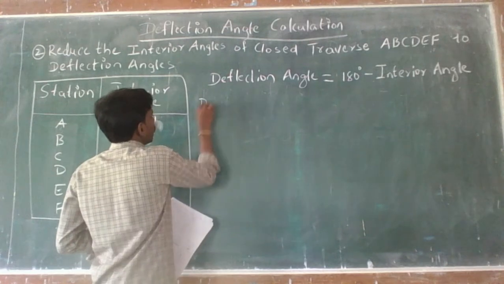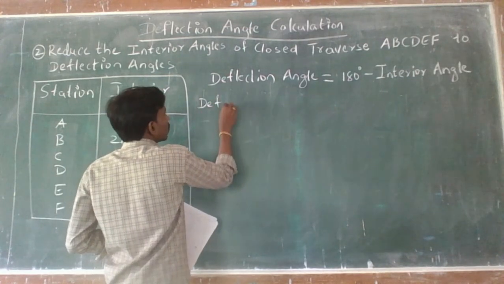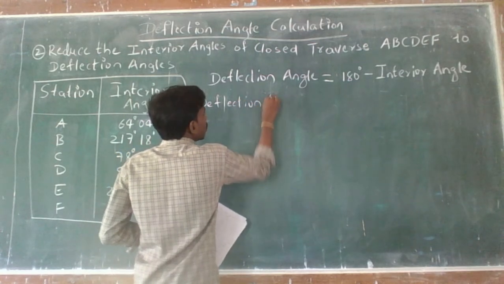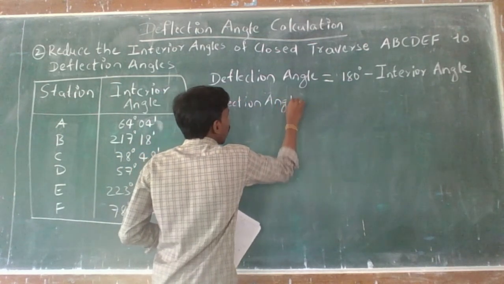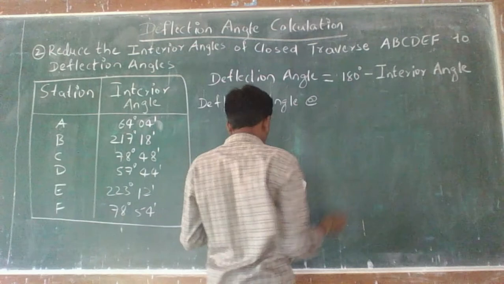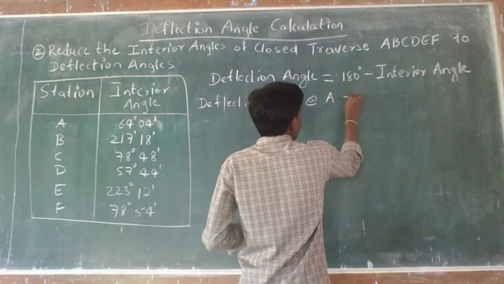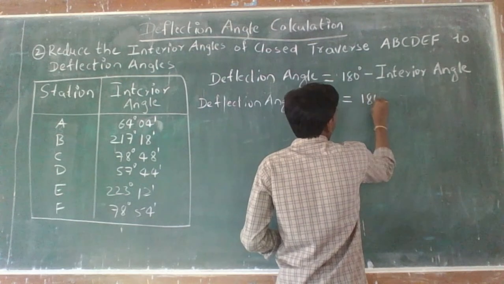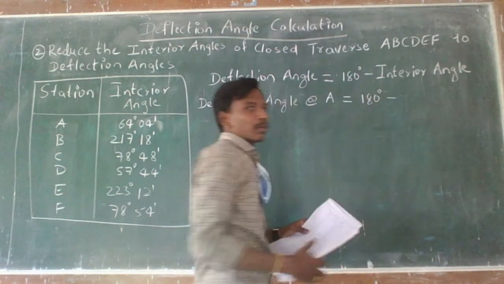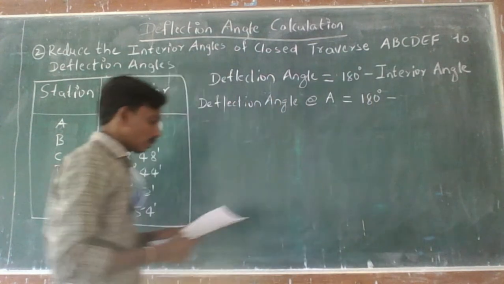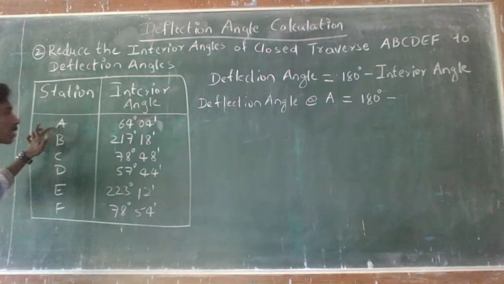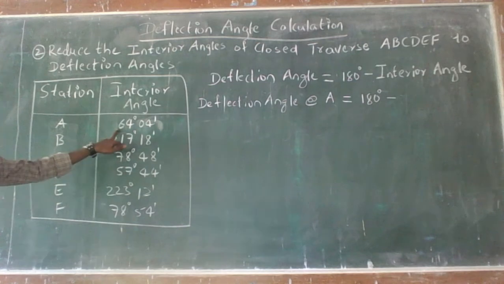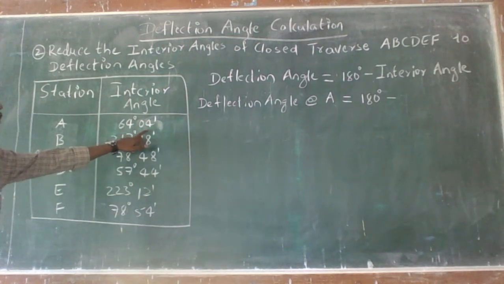Deflection angle at A is equal to, here as per the formula we have to write 180 degrees minus the interior angle of station A. Now the station A has the interior angle of 64 degrees 4 minutes.